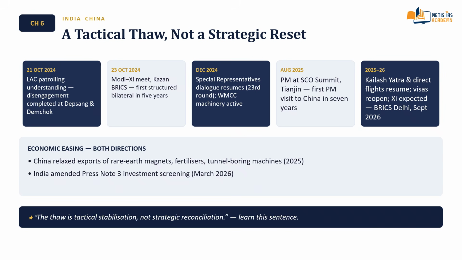Coming to Myanmar: gateway to Southeast Asia, Act East policy, Northeast connectivity, border security and regional stability. Coming to Pakistan: cross-border terrorism, security challenges, the Indus Waters framework, and the importance of peaceful neighborhood relations. Then China: boundary management, strategic competition, economic interdependence, technology, and the Indo-Pacific.